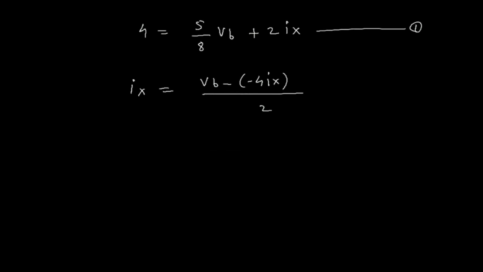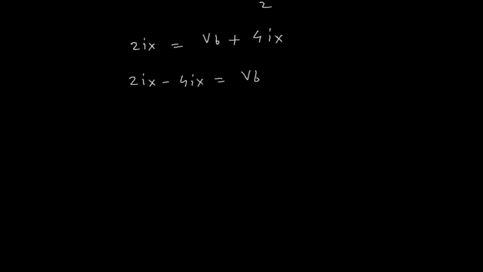So this will be 2Ix is equal to Vb plus 4Ix. Now this will be 2Ix minus 4Ix is equal to Vb, or Vb is equal to minus 2Ix.